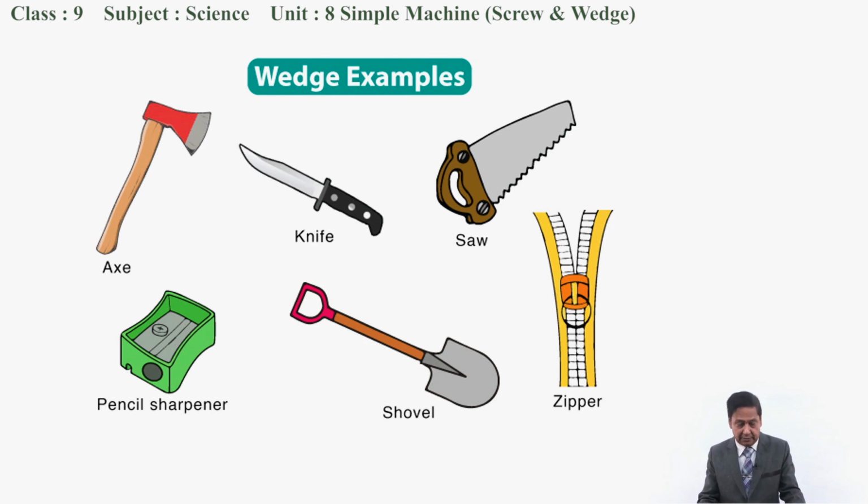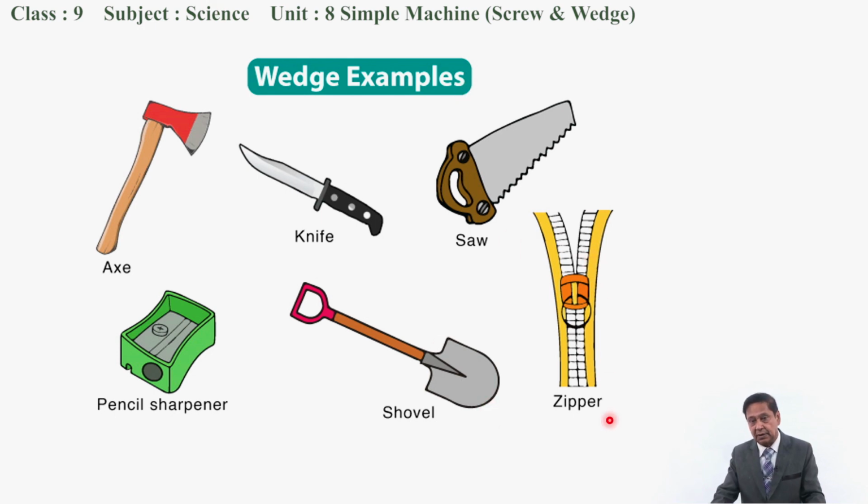Trowel is a lever, but when its edge is used to insert into the soil, or into the sand, or into the ice or snow, then it works as this wedge. Otherwise, this is actually a lever, and the trowel becomes a lever when it is used to throw this soil or sand or ice to a certain place. And its edge is sharp when it is inserted into the soil, then it works as this wedge.